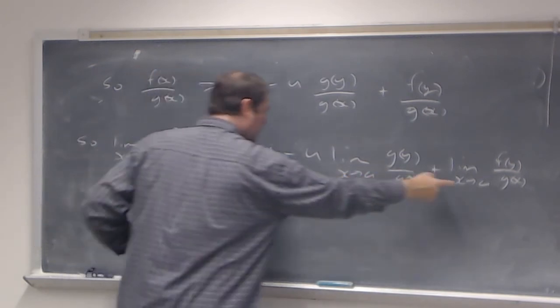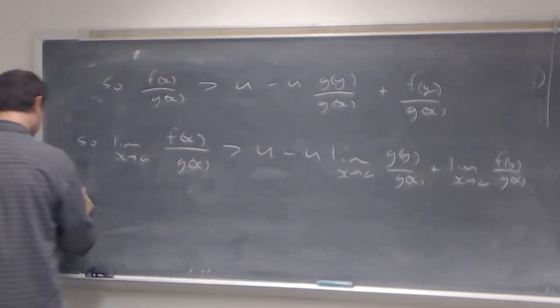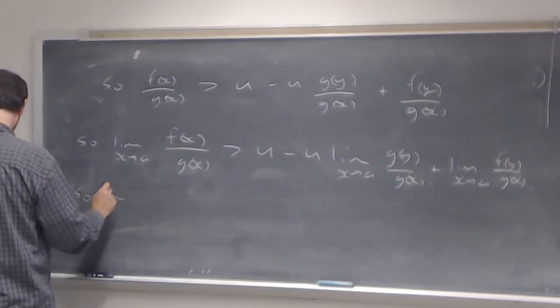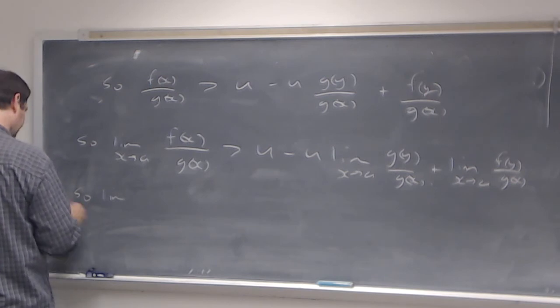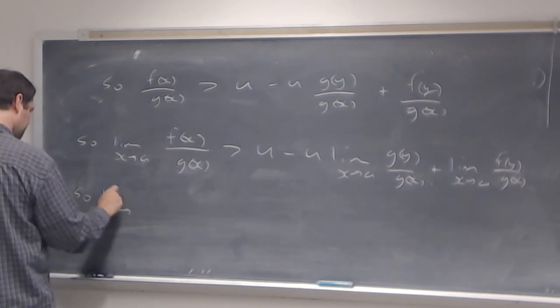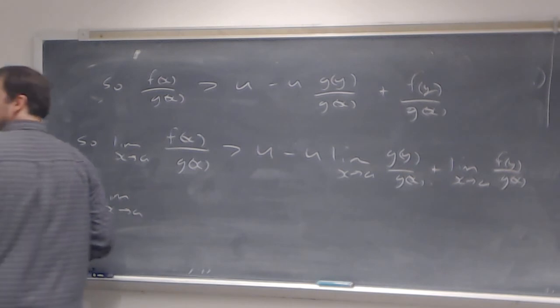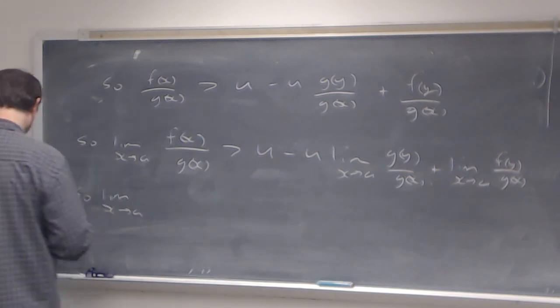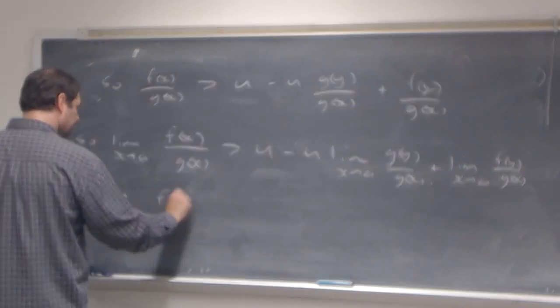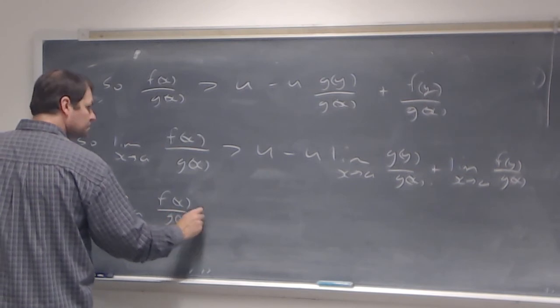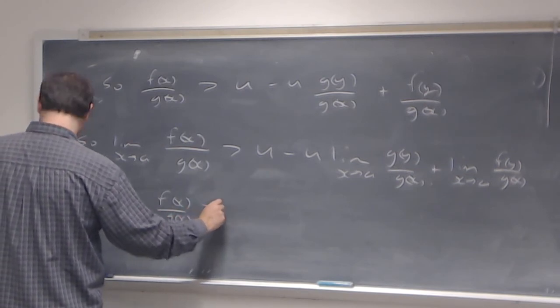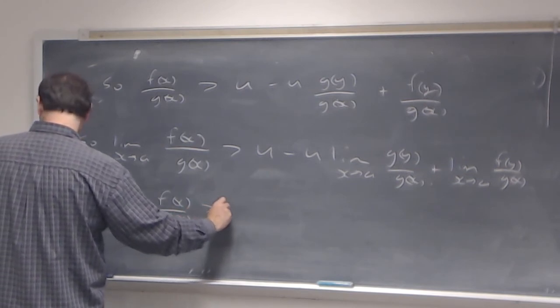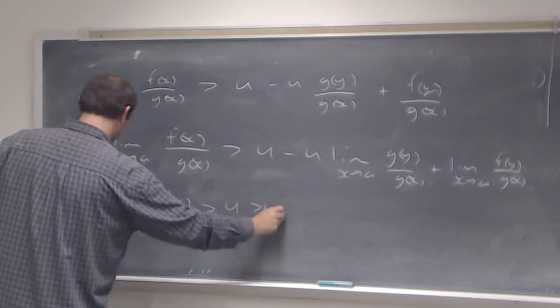Where these two limits are zero, so what we get is that the limit as x goes to a of f(x) / g(x) has got to be bigger than or equal to u, which is bigger than w.